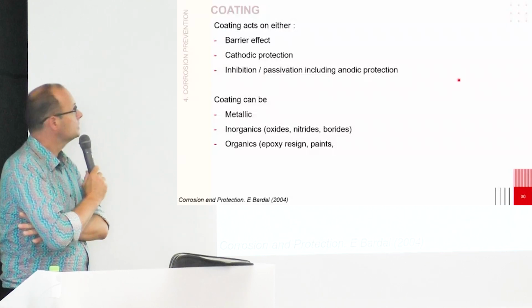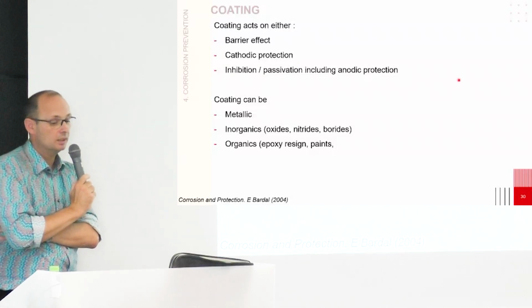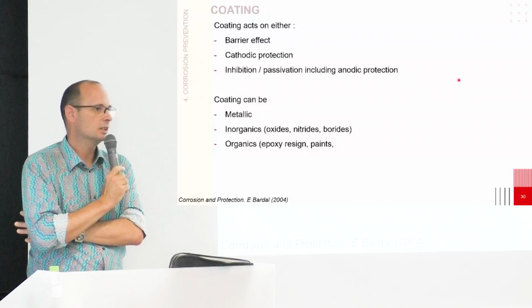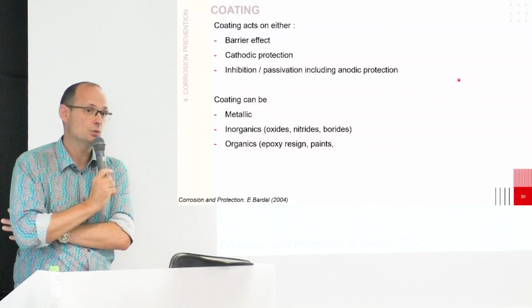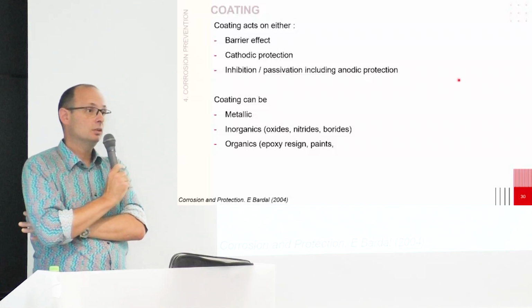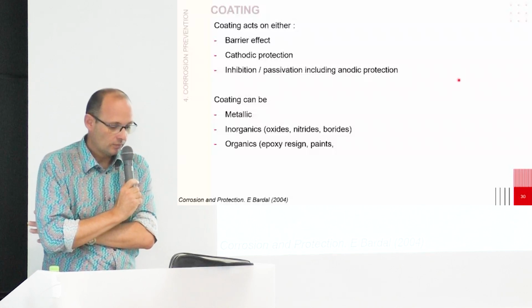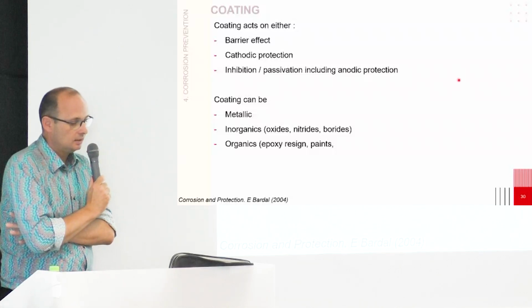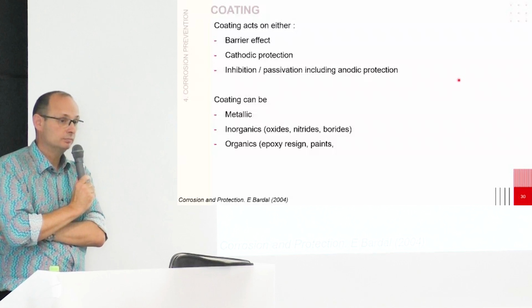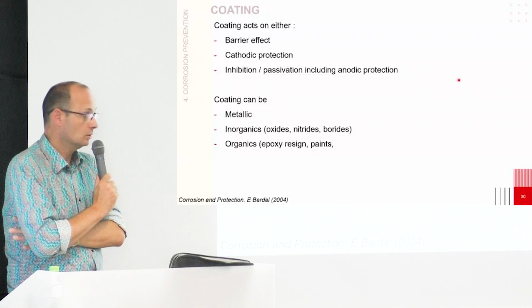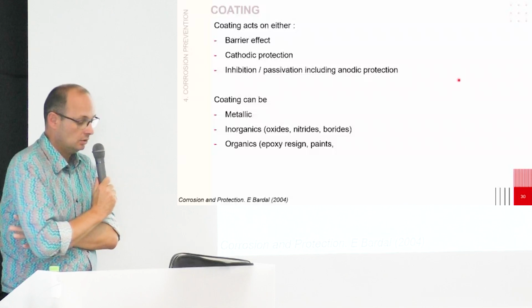The first one is that this coating could have a barrier effect. So what is the meaning of barrier? It means that you want to avoid any gas diffusion, liquid diffusion, or element diffusion. This coating can act as a cathodic protection. The coating will dissolve, and until the coating remains, you will protect your material.